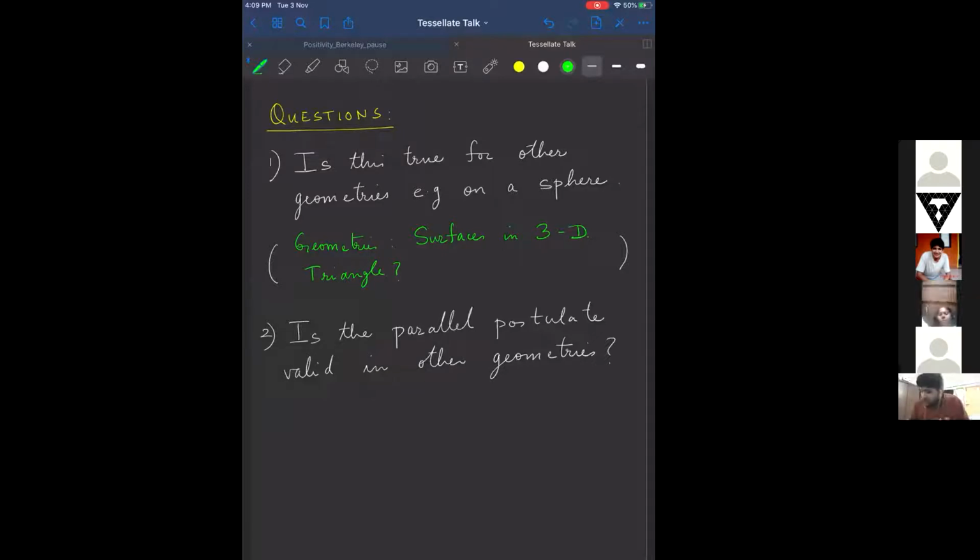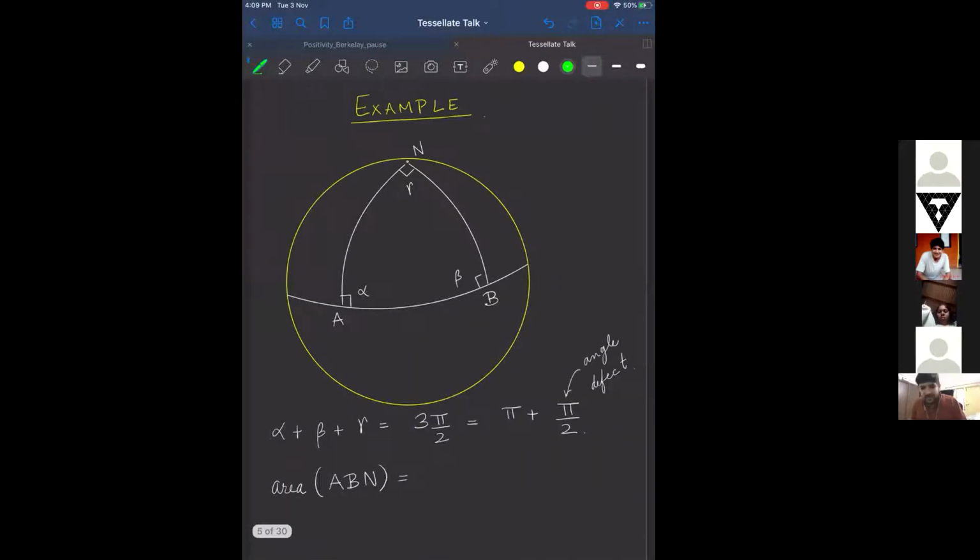And of course, a natural question to ask is if the parallel postulate is valid in other geometries. In fact, the fact that people were questioning the parallel postulate actually led people to invent new geometries. Okay. All right.